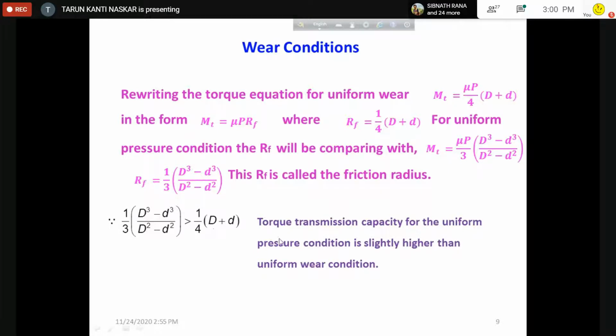So obviously the torque transmission capacity for the uniform pressure condition is slightly higher than for the uniform wear condition, since this is greater than this. Is it clear? Yes, sir.